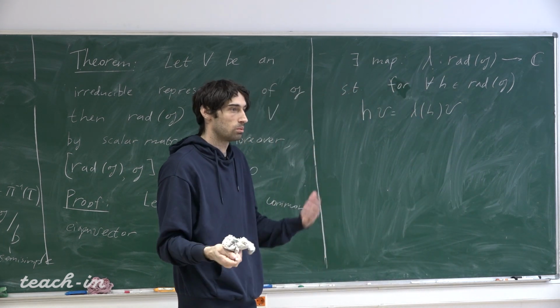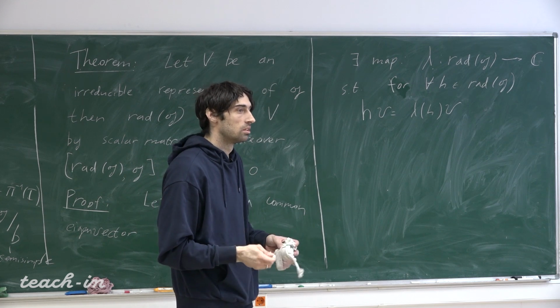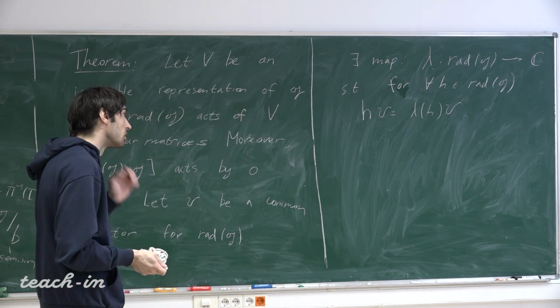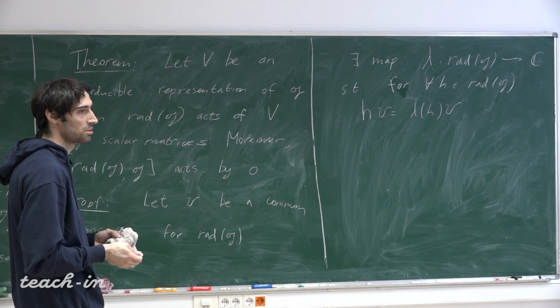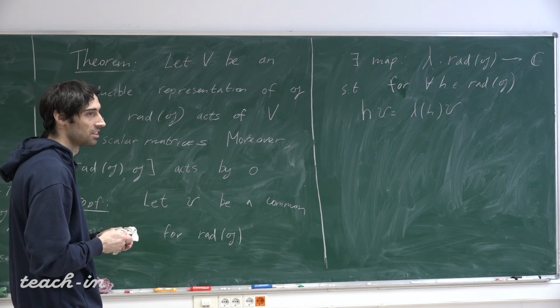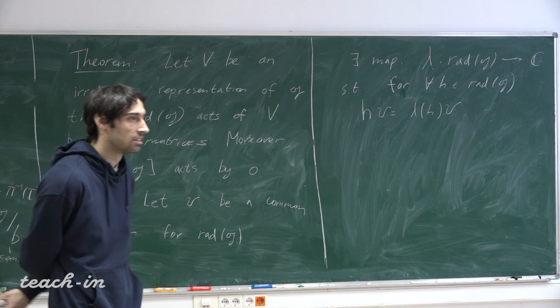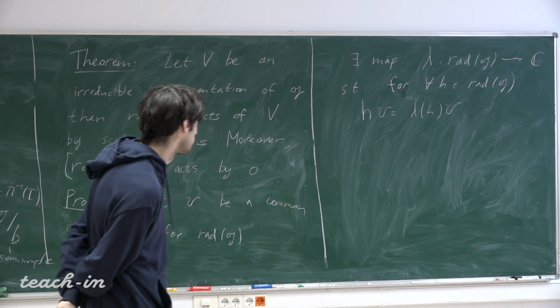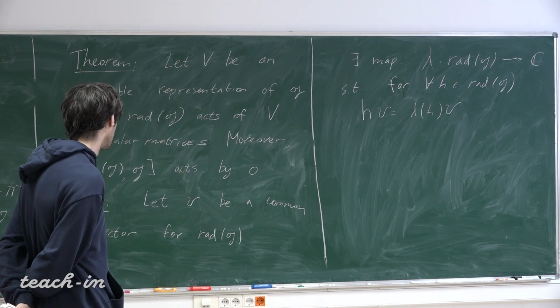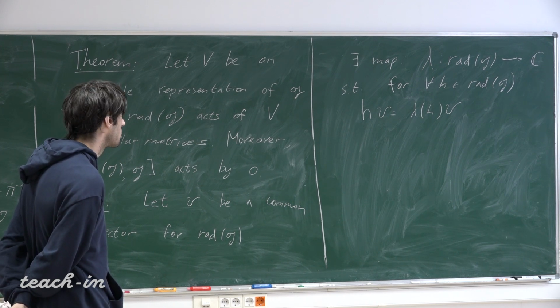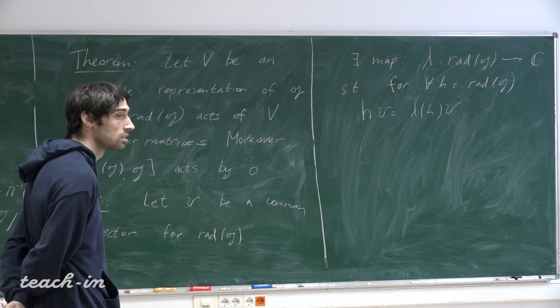It's just a way to write this down. If it was a group, it would be a character. Does this map have to respect the operation in the radical? It does, yes.